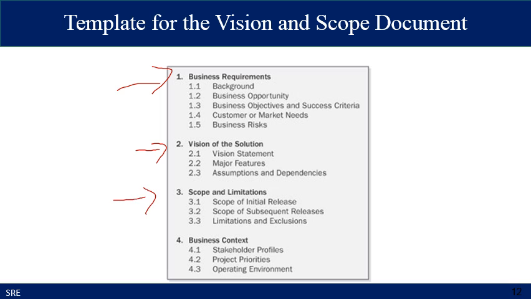The third element specifies the scope and the limitations of the first release and the subsequent releases. It also specifies the limitations and exclusions that will not be part of your project solution. And finally, you have to analyze the business context along with the stakeholder profiles, project priorities, and the operating environment.